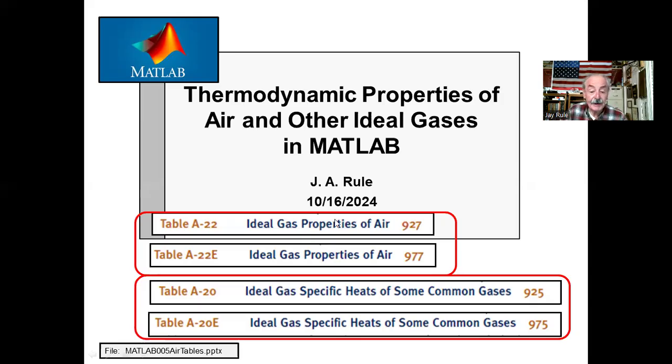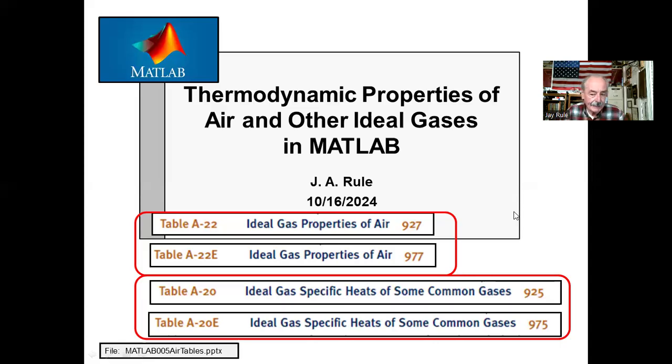Actually, it would be four files, files that are both in SI units and then in English units. The first set would be ideal gas properties of air that I call air tables. The second MATLAB file is specific heats of various ideal gases going beyond air.